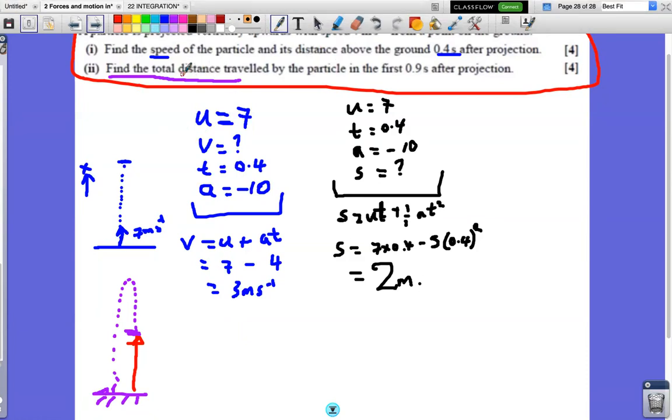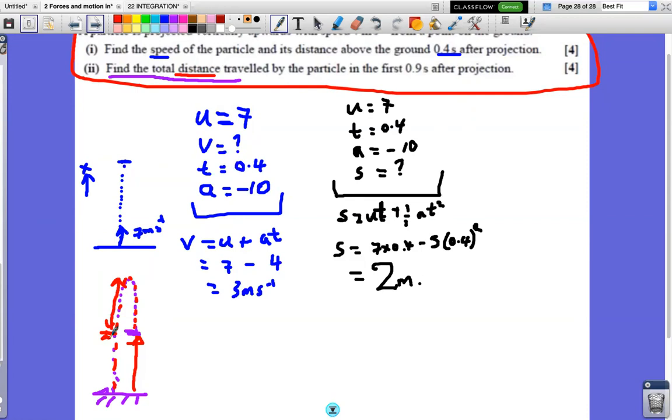But the question asks us to look for the distance, meaning we should look for this and this. But we are not sure if 0.9 seconds later the particle is on its way up.